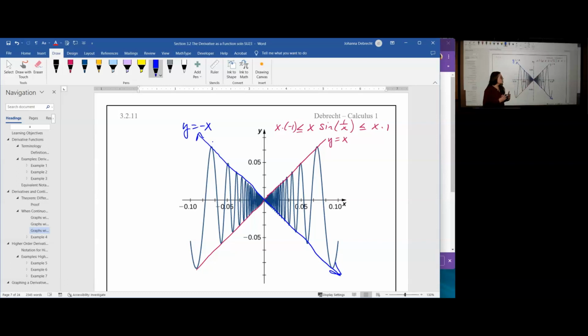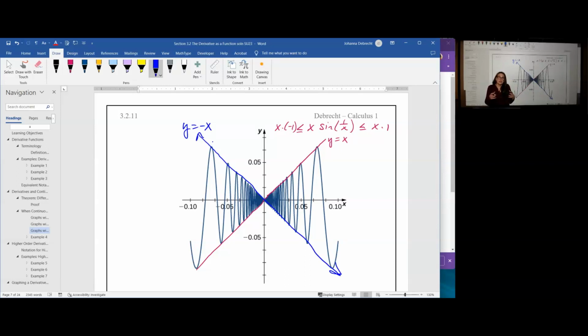We can use the squeeze theorem to say that the limit as we approach 0 of negative x is 0, and the limit as we approach 0 of x is also 0. And since this function is squeezed between the two, it has to have the same limit at 0.